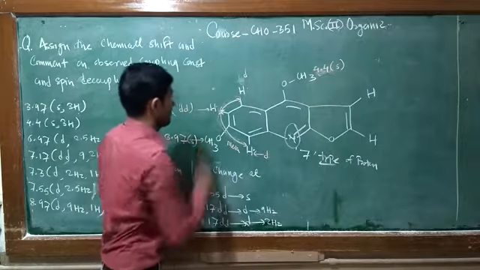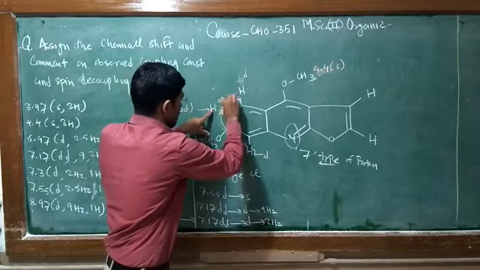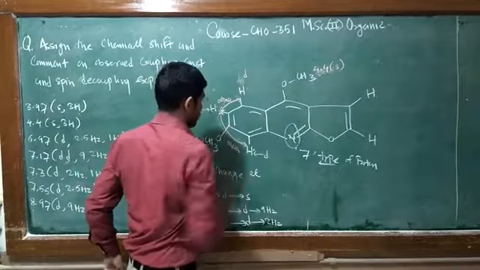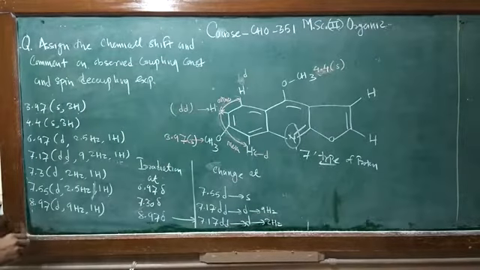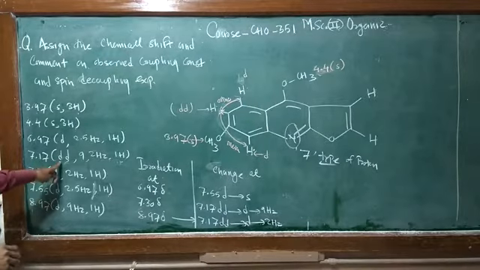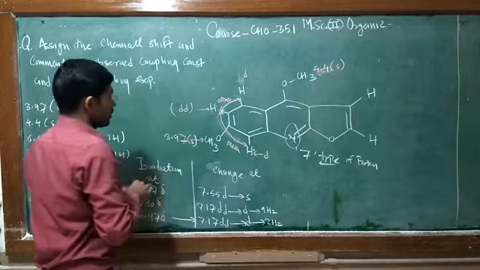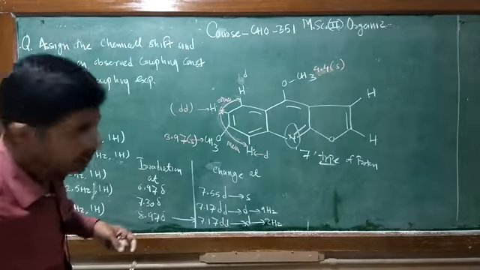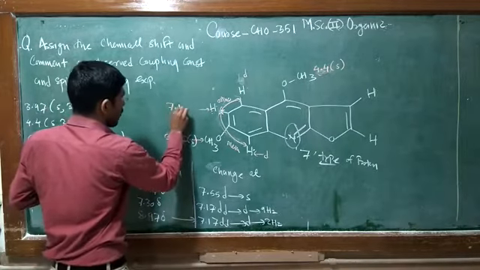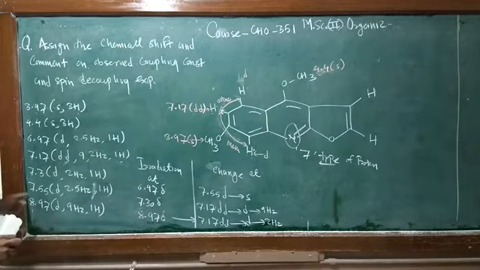This one is coupled with this and this by ortho and meta coupling respectively, and this shows only ortho coupling, a doublet. So if you observe the signal 7.17 doublet of doublet, 9 and 2 Hertz, it is because of this proton. So we can assign 7.17 doublet of doublet for this proton.